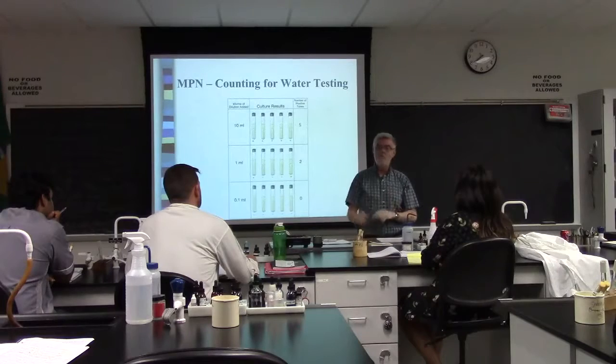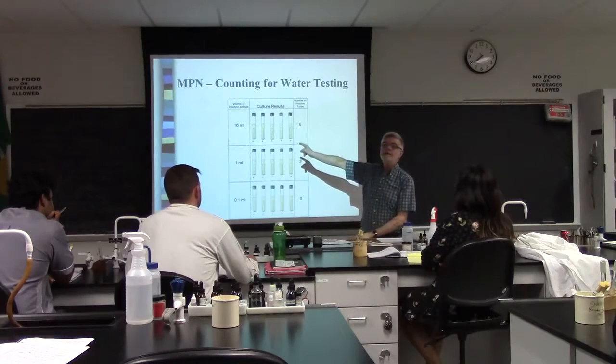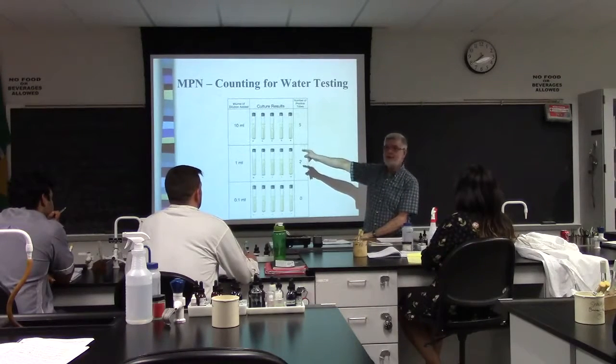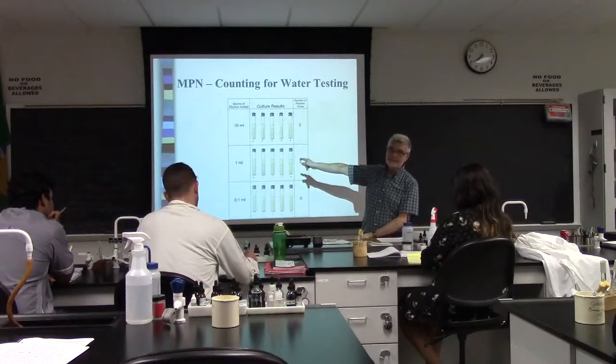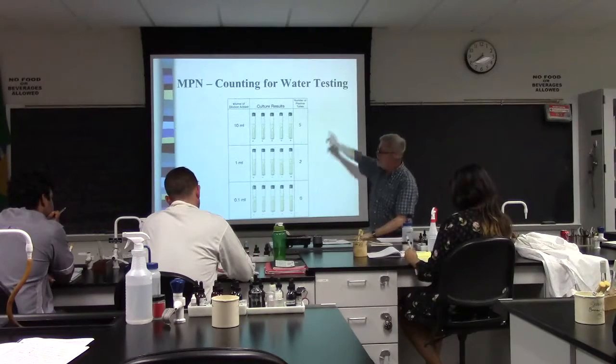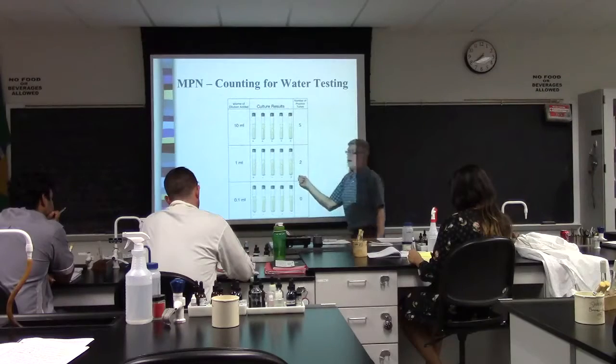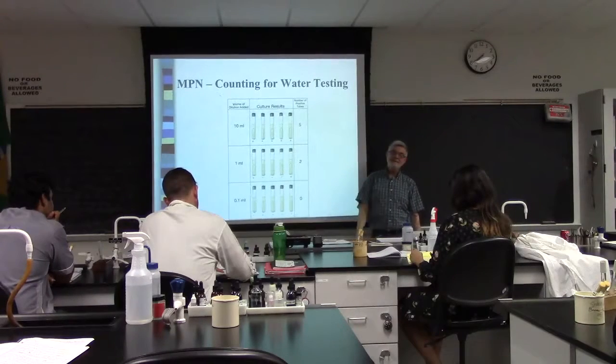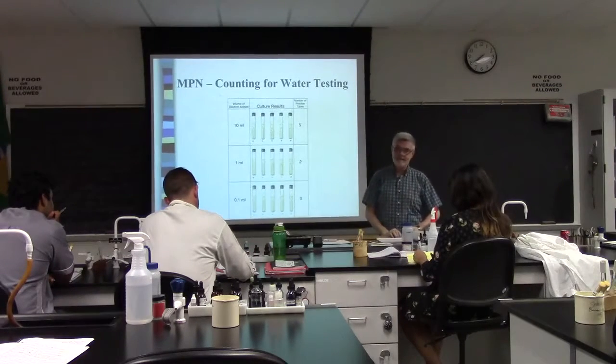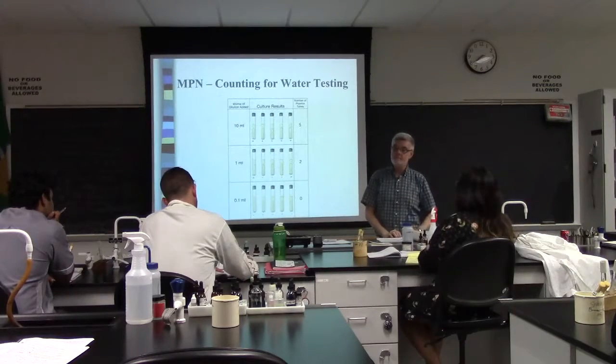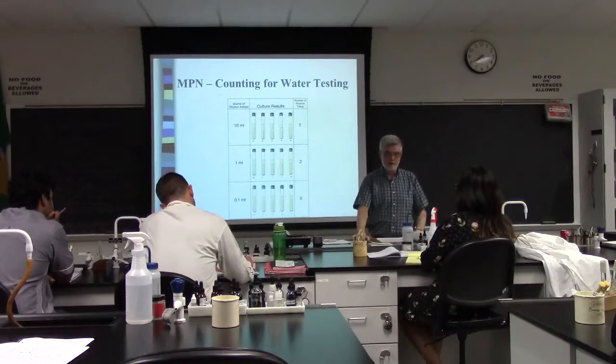All right? So, in that book is most probable number, and it's the legal experiment that says how many E. coli per milliliter there are. Basically what you do every day in LA County, the LA County Department of Health goes and takes a sample from every reservoir, every pumping station, every public swimming pool, and every beach swimming area that is county controlled.